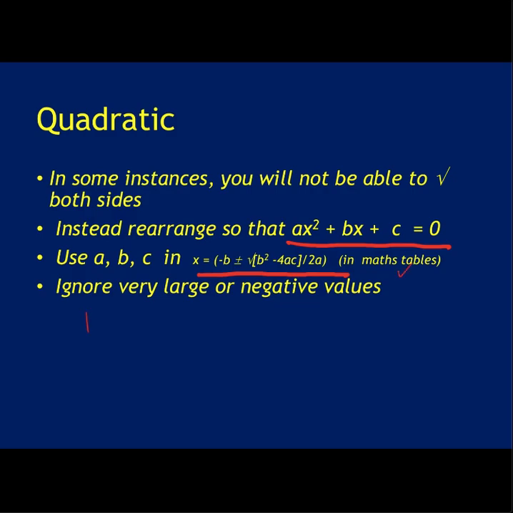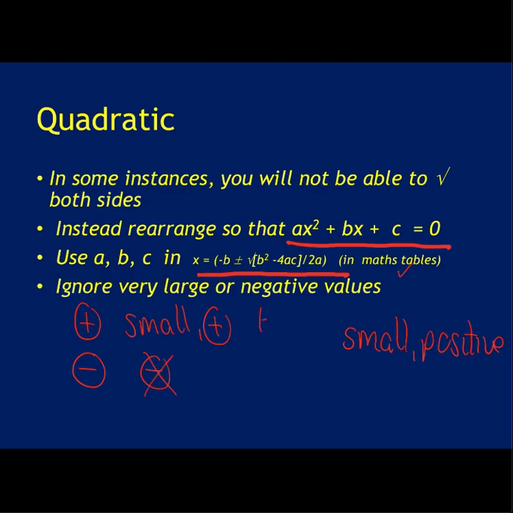So you will have a positive answer and a negative answer always, and the rule is essentially you're looking for a small positive number. Sometimes in your positive answer you will have this small positive, and the other answer will be negative, so you ignore that. On other equations, you will have something that is small and positive, but you will also have something that's large and positive, and you ignore this.